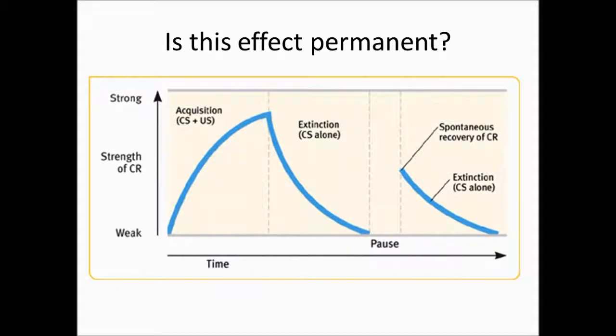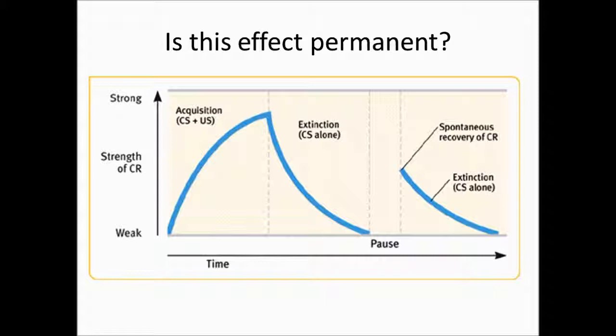So what we're wondering is, is this effect permanent? Well, what we'll see is the acquisition phase is the increase in the strength of this conditioned response to salivation, for example.